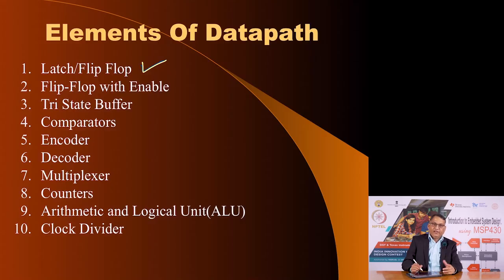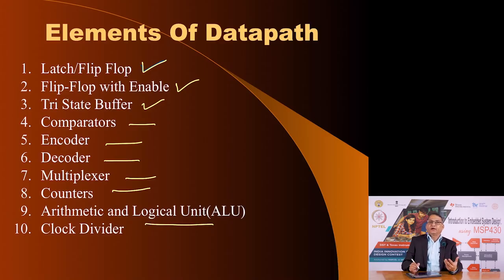Sometimes you want a flip flop with an enable signal, so that you only capture the data whenever the enable signal allows you to. You may use tri-state buffers, you may use comparators for comparing two numbers, you may use encoders and decoders, you may use multiplexers and demultiplexers, and counters, and you can use adders and subtractors, or you could make a generic building block, an arithmetic logic unit, which would not only perform mathematical operations, but may also perform logical operations.